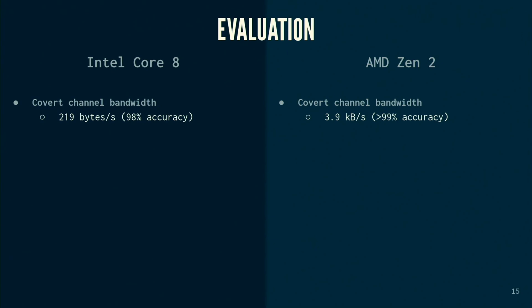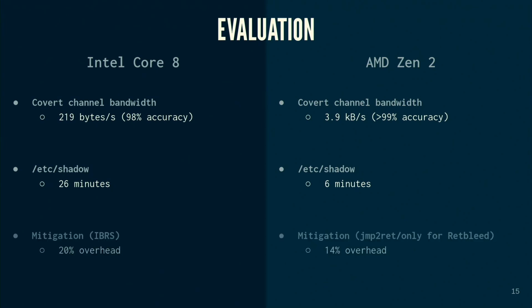On Intel we were able to leak arbitrary information at about 220 bytes per second. On AMD, about 4 kilobytes per second, and this was enough to find the /etc/shadow and leak the password hashes of the system in an acceptable amount of time.